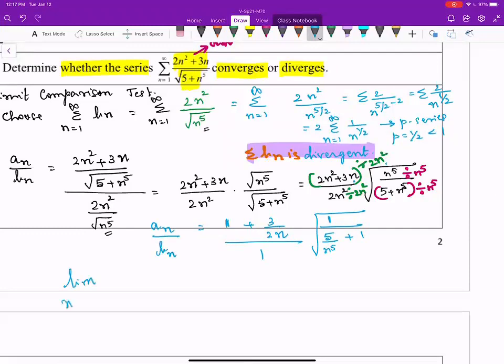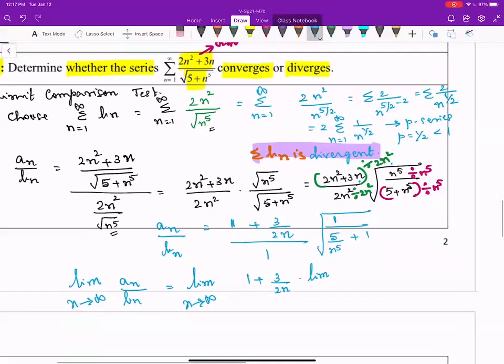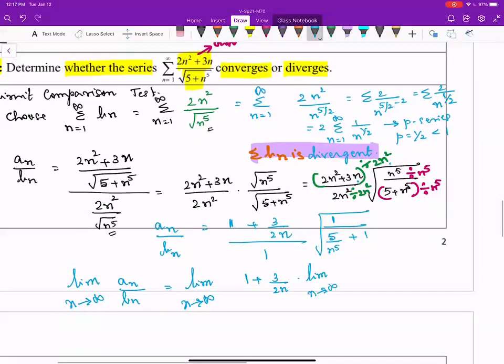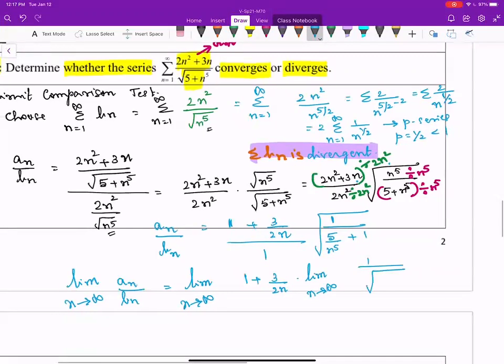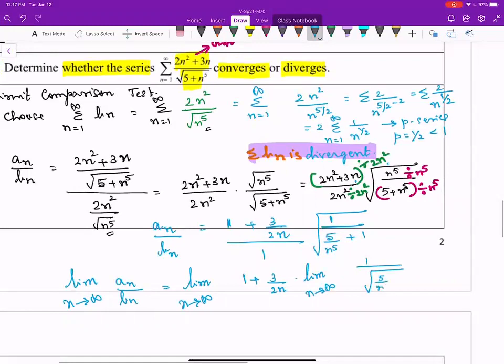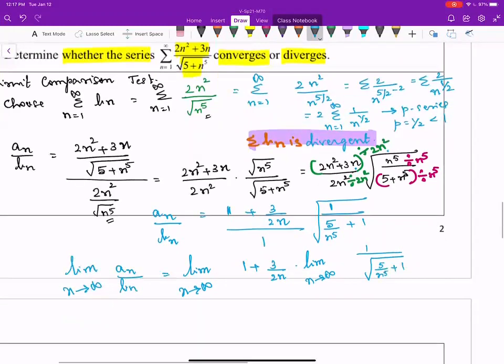And now you allow n to approach infinity for this ratio. This will be the limit as n approaches infinity of 1 plus 3 over 2n divided by 1, times the limit as n approaches infinity of 1 divided by square root of 5 over n to the power 5 plus 1.